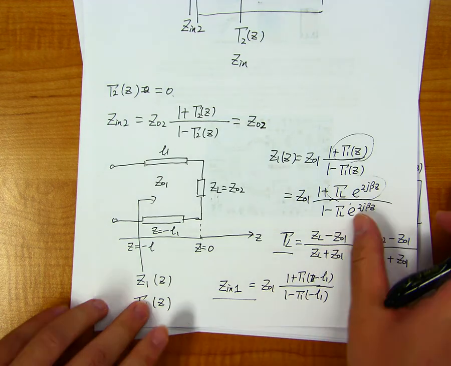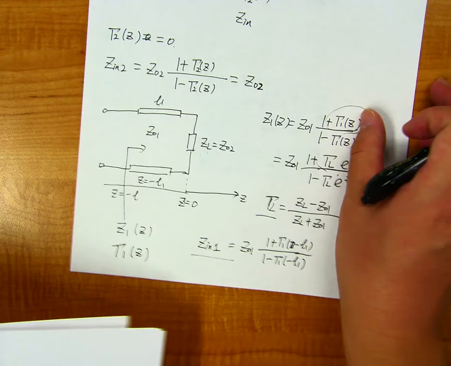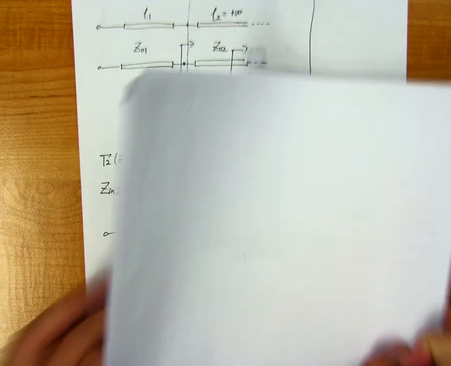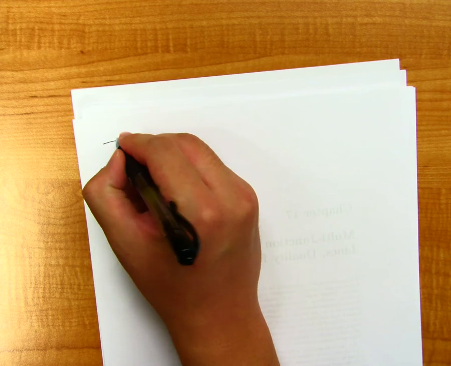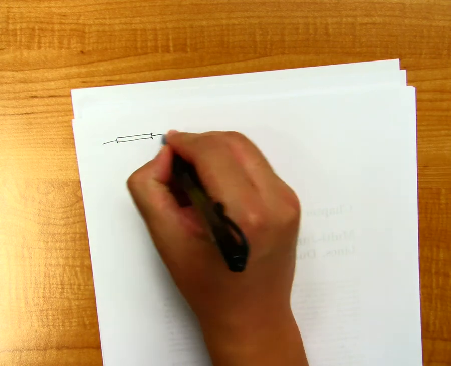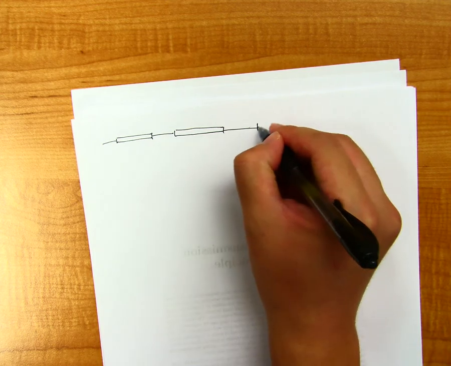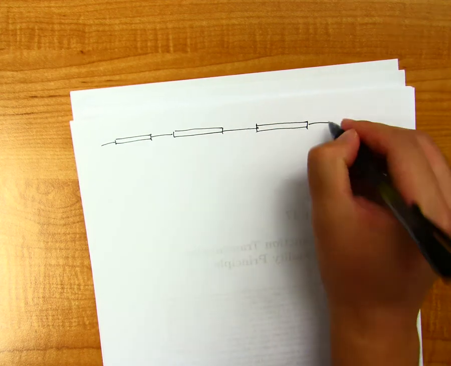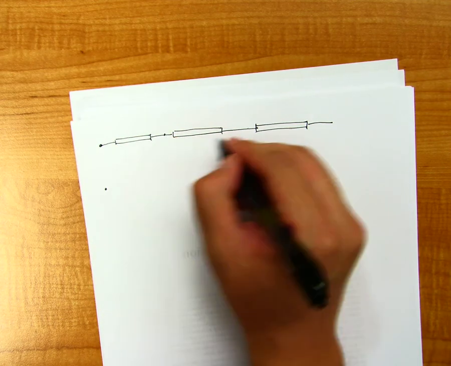Okay, actually we can use this strategy recursively. If we have a multi-junction transmission line like this, okay, we have 3 different transmission lines.